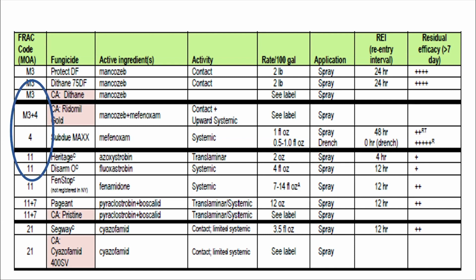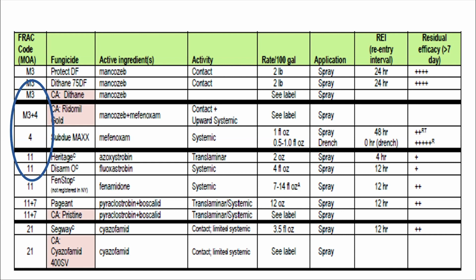It's a number or a letter that says this group of chemicals may have the same active ingredient, say in the case of mancozeb, but different product names: Protect DF, Dithane 75 DF. If you're in Canada, all of the chemicals are in pink, and it's called Dithane in Canada as a form of mancozeb. Now, the problem is that if you rotate between Protect DF and Dithane 75 DF, you're spraying the same active ingredient and resistance can occur.